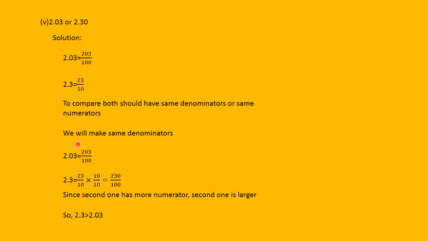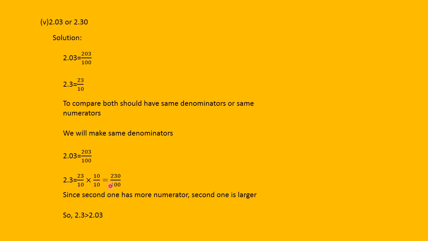2.03 is 203 upon 100, we don't change it. But 2.3, we will change it as 23 upon 10 into 10 upon 10, so that the denominator becomes 100. What happens to the numerator? 23 into 10 is 230. So the second fraction is 230 upon 100 and the first is 203 upon 100.